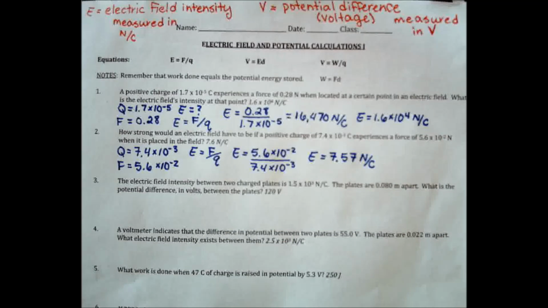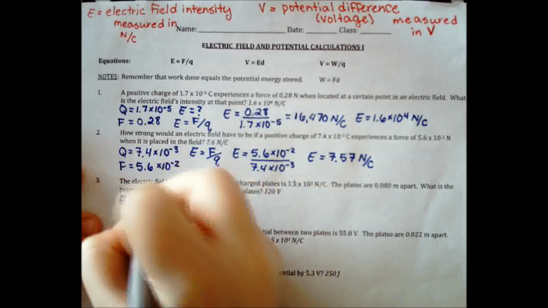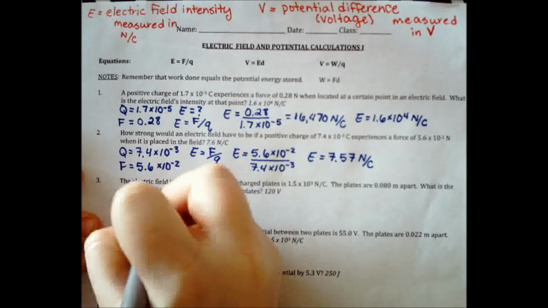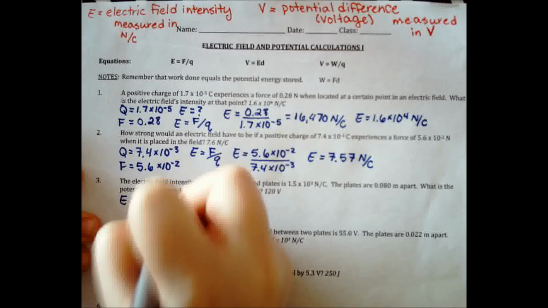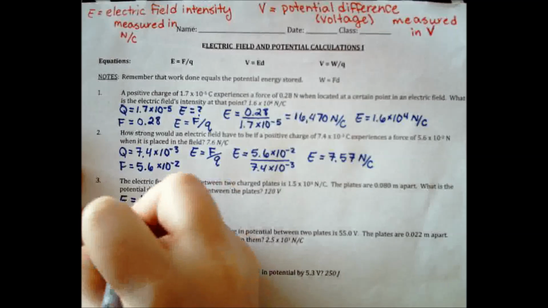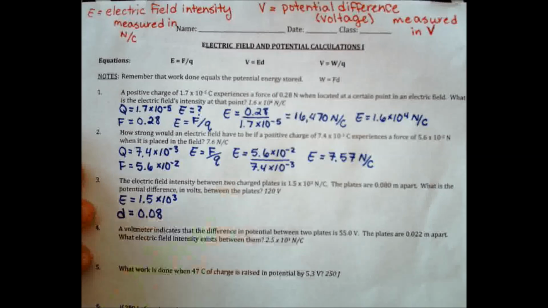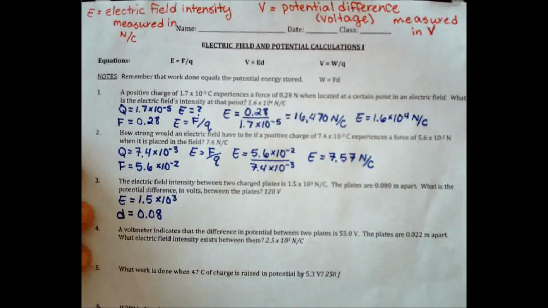Number 3, the electric field intensity between two charged plates is 1.5 times 10 to the third. So this one's set up a little bit different. They're giving us E, 1.5 times 10 to the third. The plates are a distance of 0.08 meters apart, 8 centimeters.